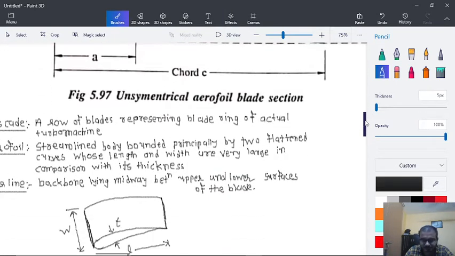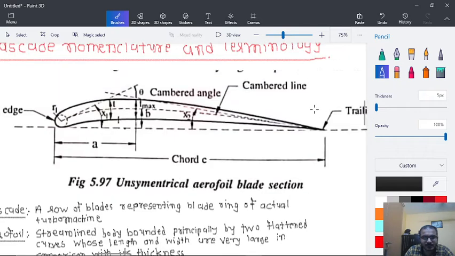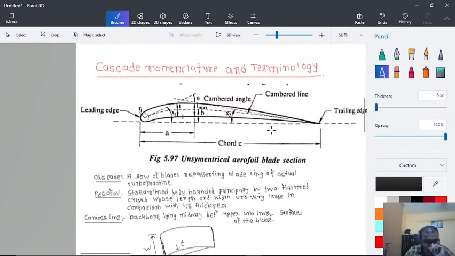So here there are two types of aerofoils. First is unsymmetrical and second is symmetrical.